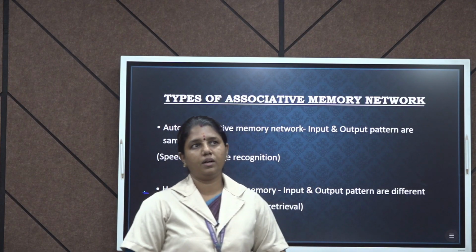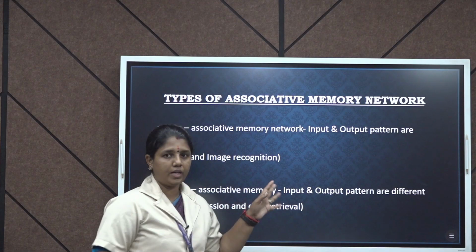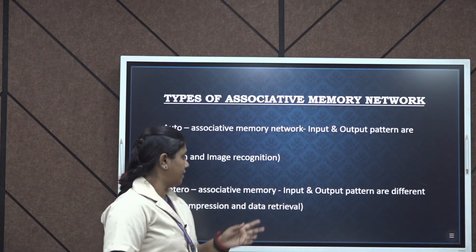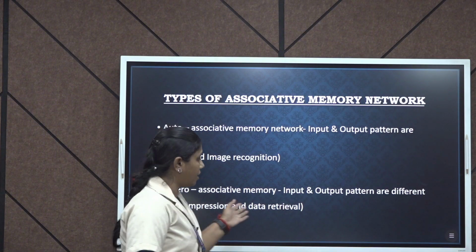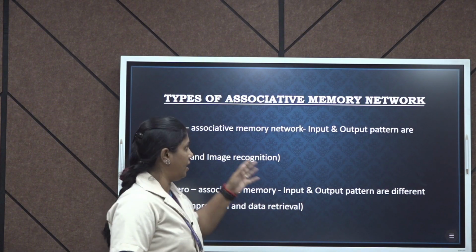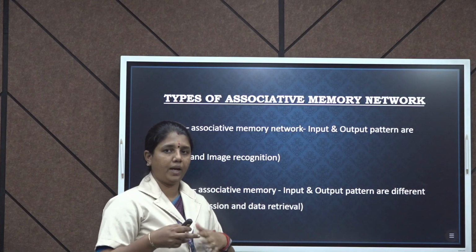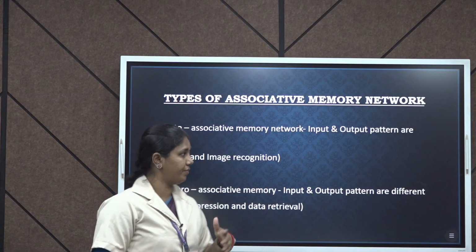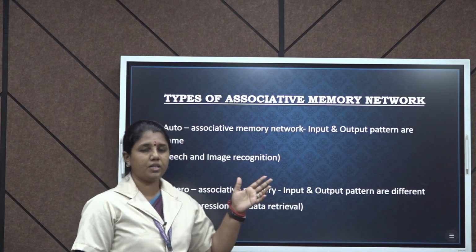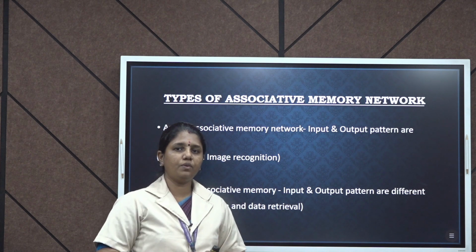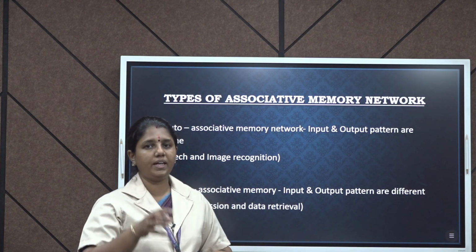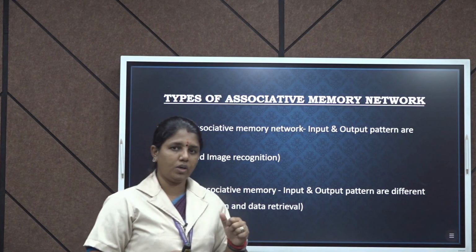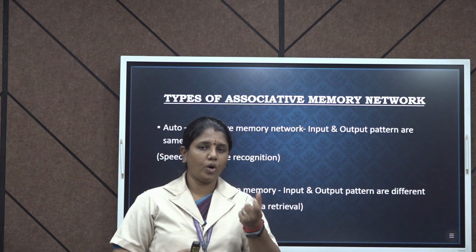Auto associative examples are speech and image recognition, and hetero associative examples are data compression and data retrieval. In speech and image recognition the input and output are the same: we give some sort of voice or image, and then we can recognize which image or voice we want.